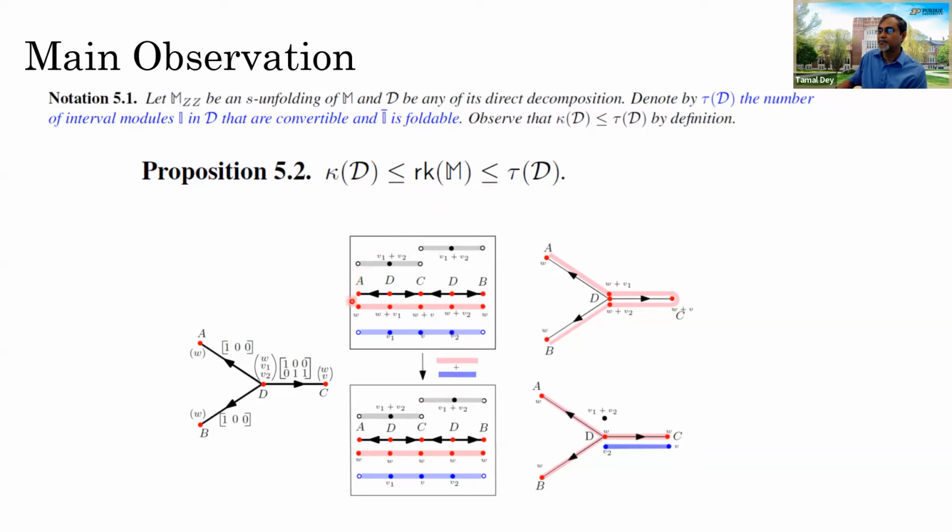My complete module count kappa D in this case is 0, because none of the intervals in the decomposition is complete. But then it increases by 1, so kappa D becomes 1, which is exactly equal to tau D in this case. And so I know this is the rank right now.